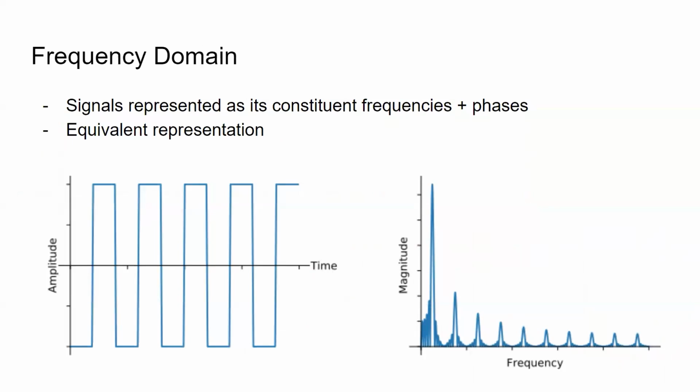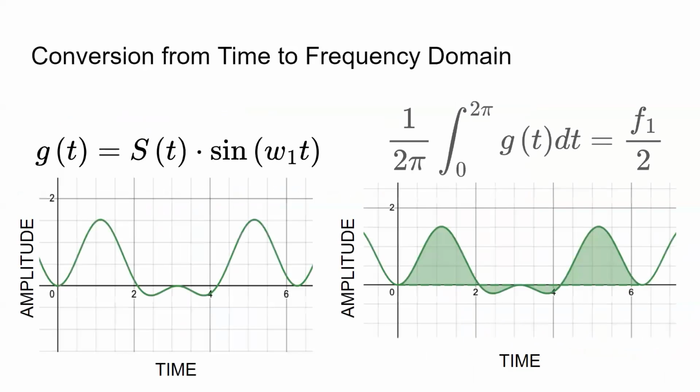And that's what we call the frequency domain. It's an equivalent representation. Sorry to get into the math of this, but the conversion from time domain to frequency domain works by taking every possible frequency of sine wave, multiplying that by the signal, and then taking the integral over one period, and that tells you how much of that specific frequency is in the signal.